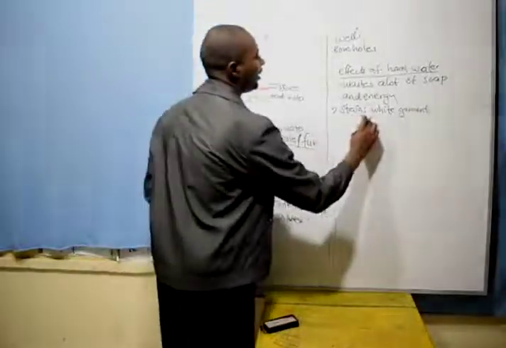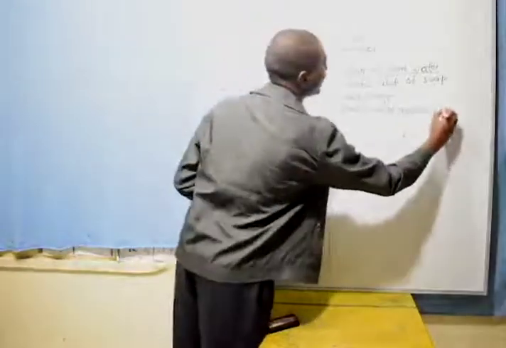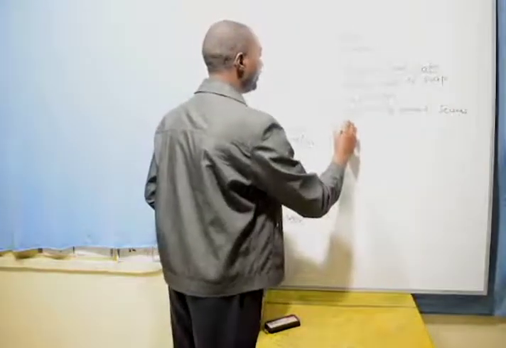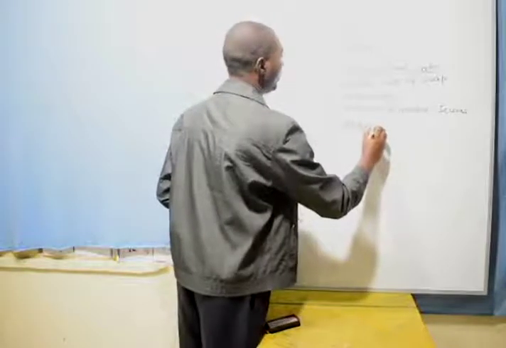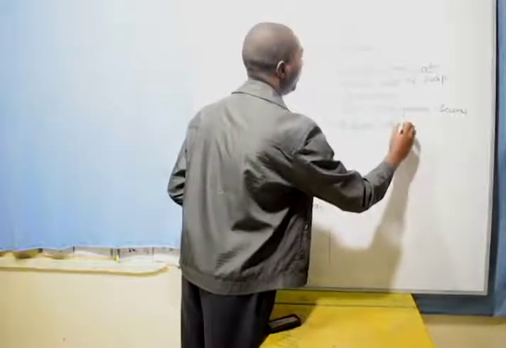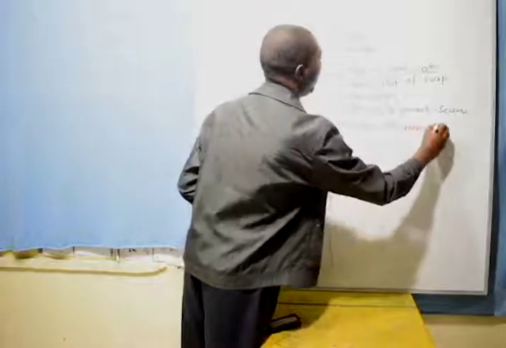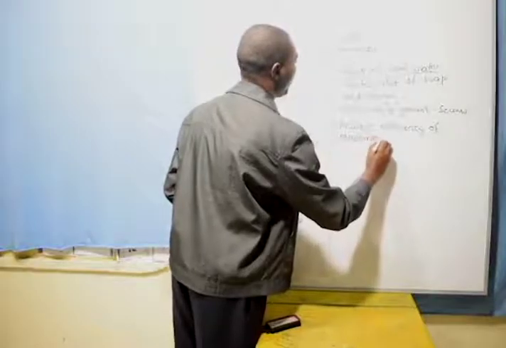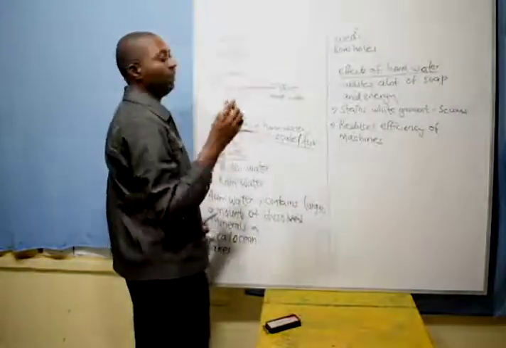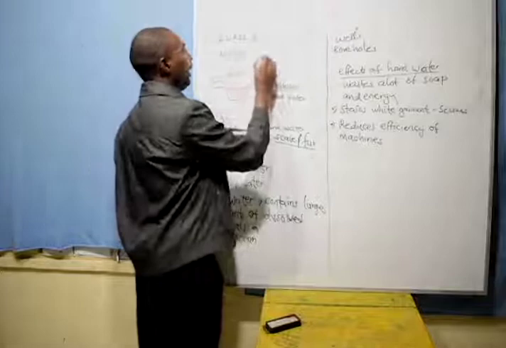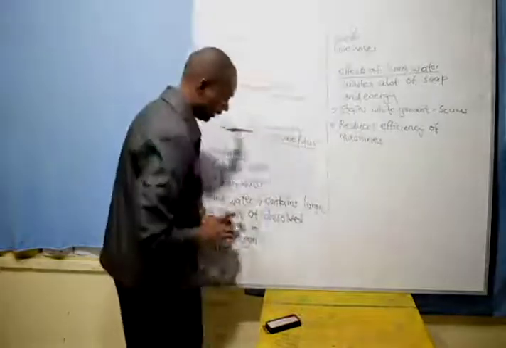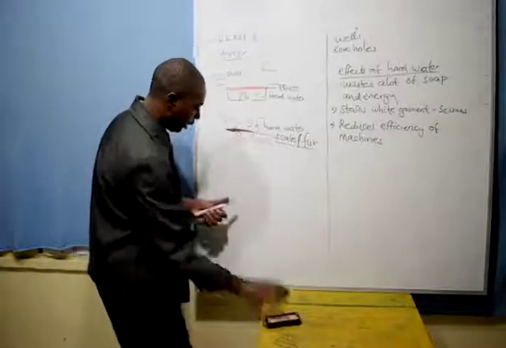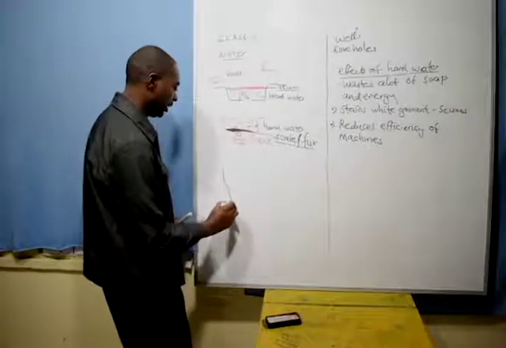And that's why I've said the scum stains white garments. This is scum, the one that floats. The other effect is that it reduces efficiency of machines. I want to explain this. If you happen to have an electric kettle that is used to boil hard water, this is the electric kettle.